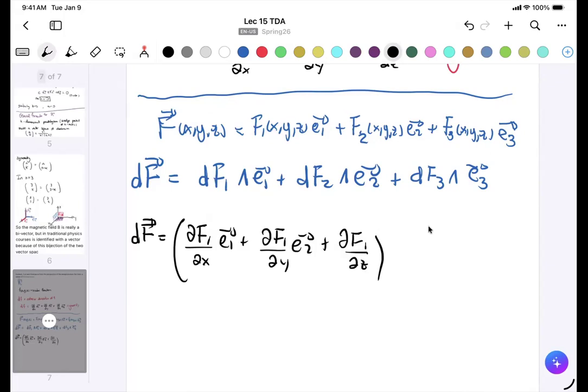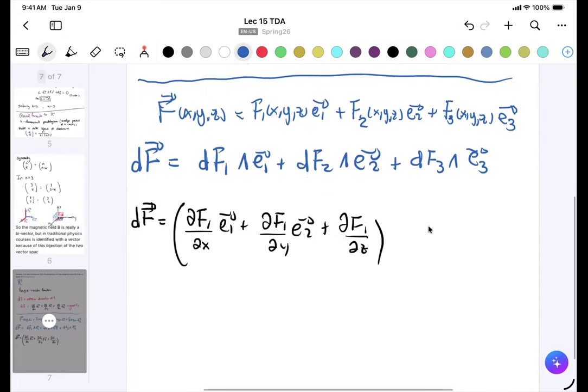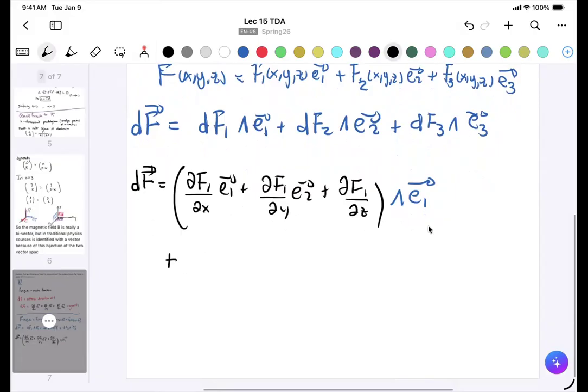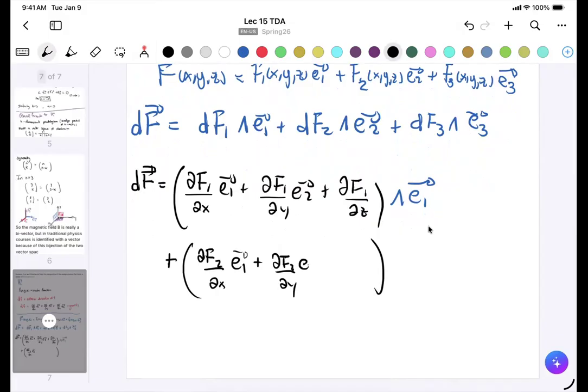okay, this is going to get a little bit messy, so I'll just write it in 3 lines. Then you do the same for F2. And then you do it for F3.